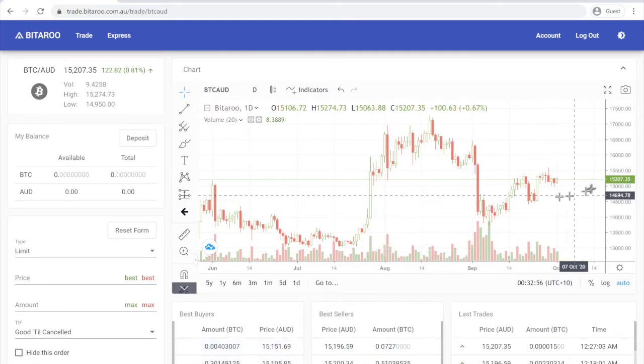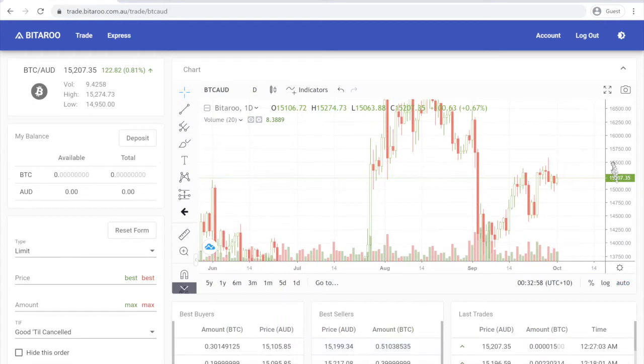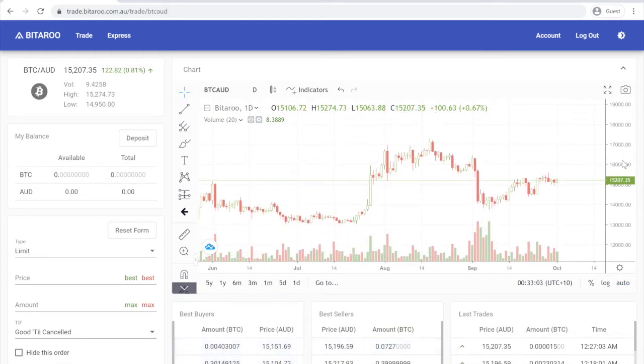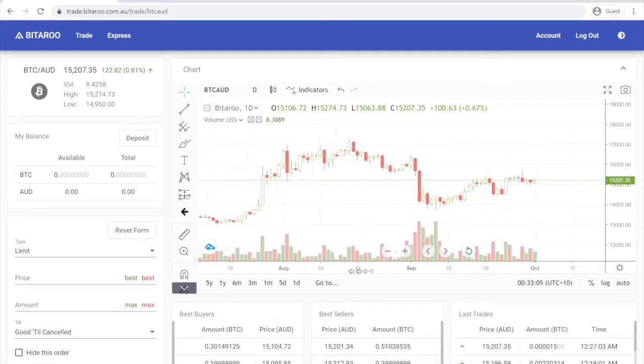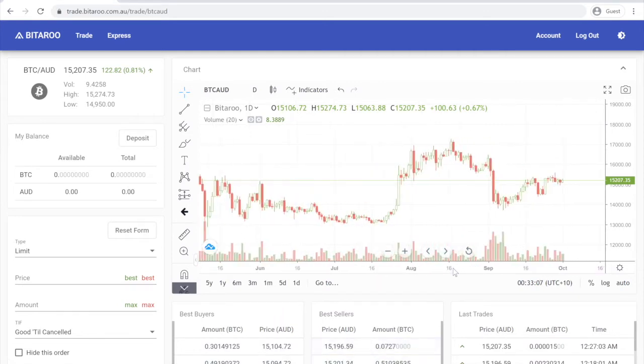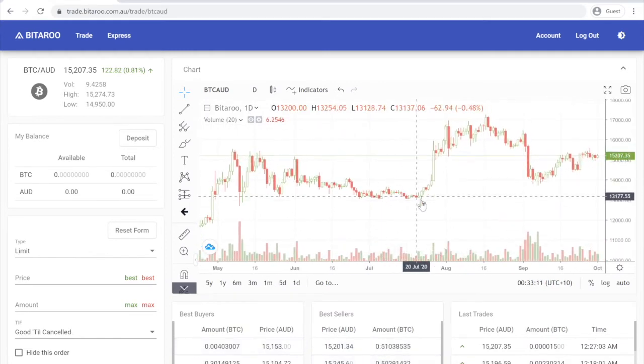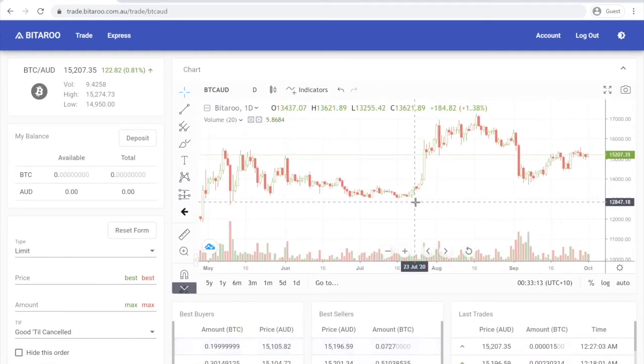You can change the zoom of this by dragging up and down on the y-axis or the left axis like this, and you can move the chart around by dragging from the center.